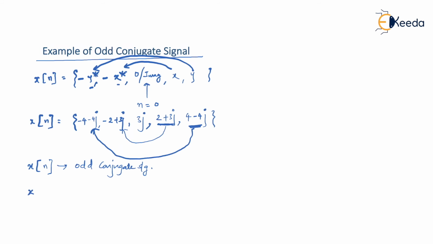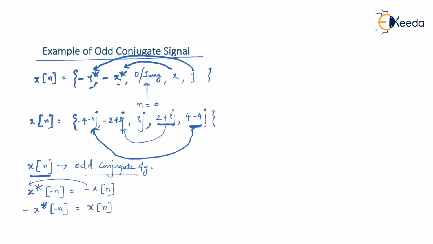So let us recall the property. X of n signal is odd conjugate only if x of n has to be a complex signal. Secondly, x conjugate of minus n should become minus of x of n. I can also transfer this negative sign here, that is minus of x conjugate of minus n will be x of n only.